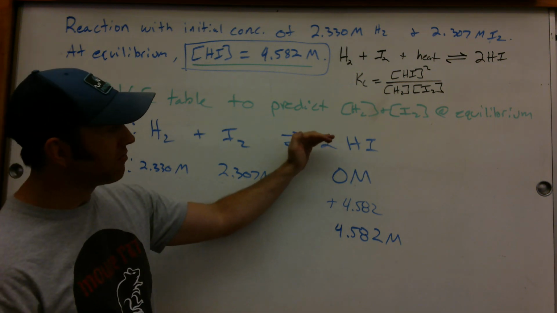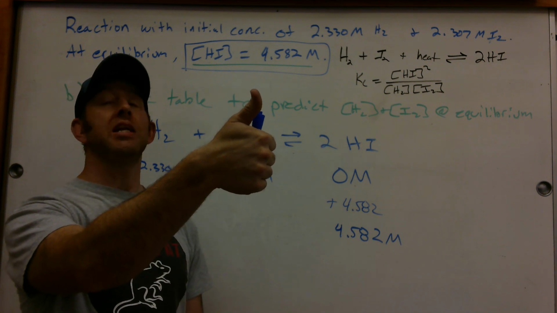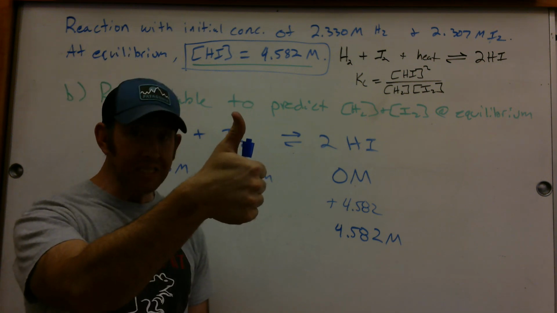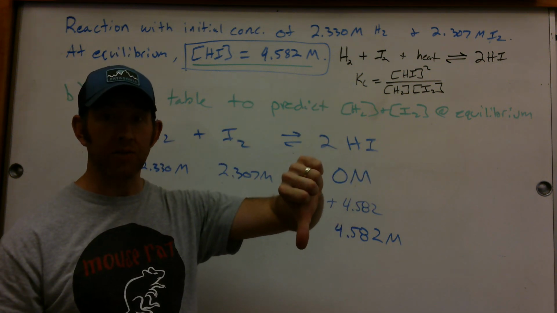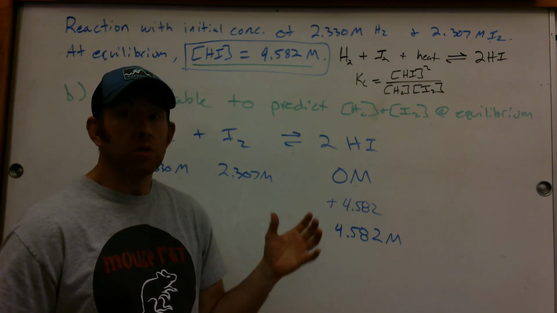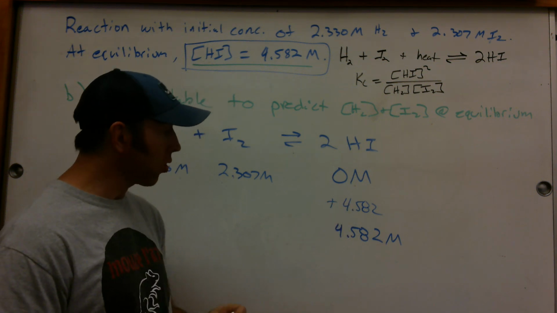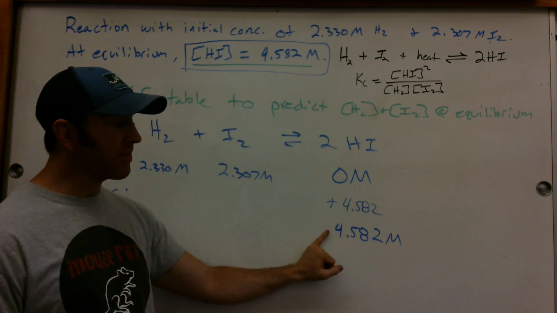So again, if my products are going to increase during the reaction, that means I need to see a corresponding decrease in my reactants. All right? And they're going to decrease by an amount times the mole ratio. Okay, so this one goes up by 4.582 molarity.